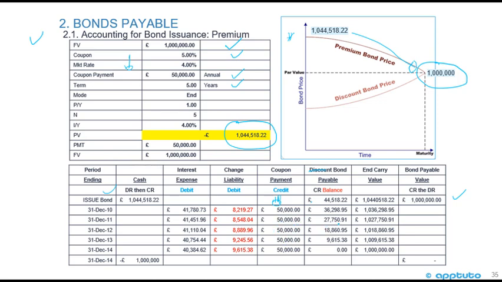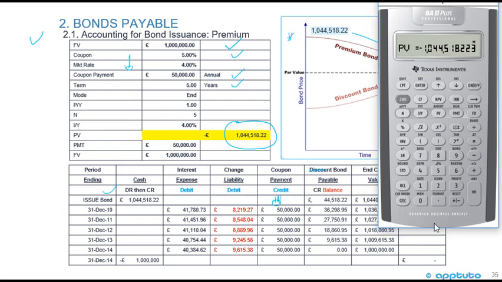Remember that we said our interest expense is based on the carrying value times the market interest rate. So if I bring up my calculator here and I make that a positive and I multiply that by 4%, we can see that the interest expense in the first year is $41,780.72, and I've rounded that up.